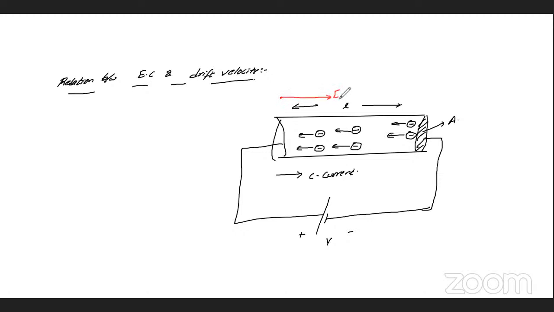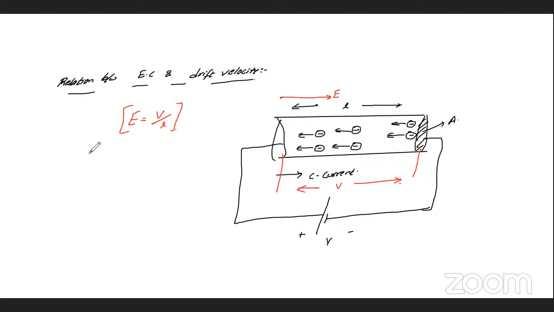This is the electric field direction, and it is opposite to the direction of the electrons. There will be a potential difference between the two ends of the conductor, which is V. We know the relation between electric field and potential: electric field E is equal to V divided by L. We discussed this in the first and second chapters. Remember, electric field E is equal to the potential difference divided by the length of the conductor.